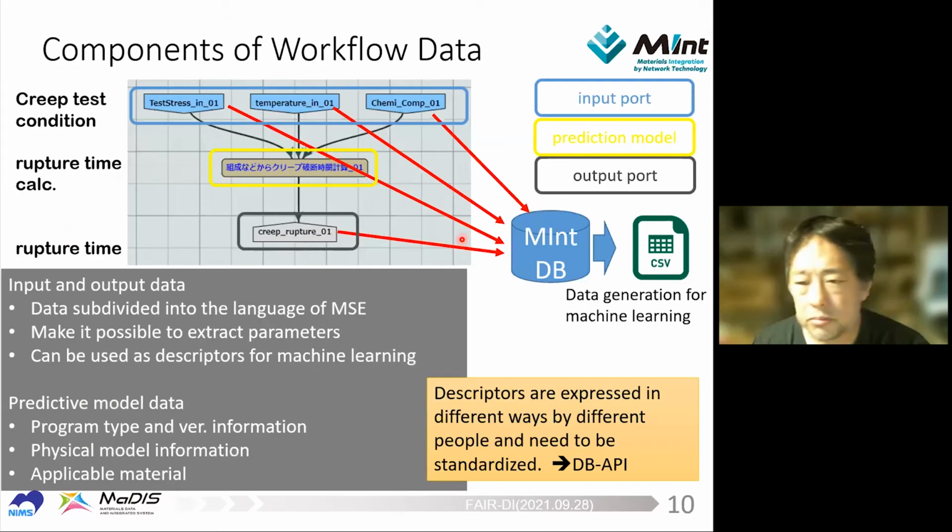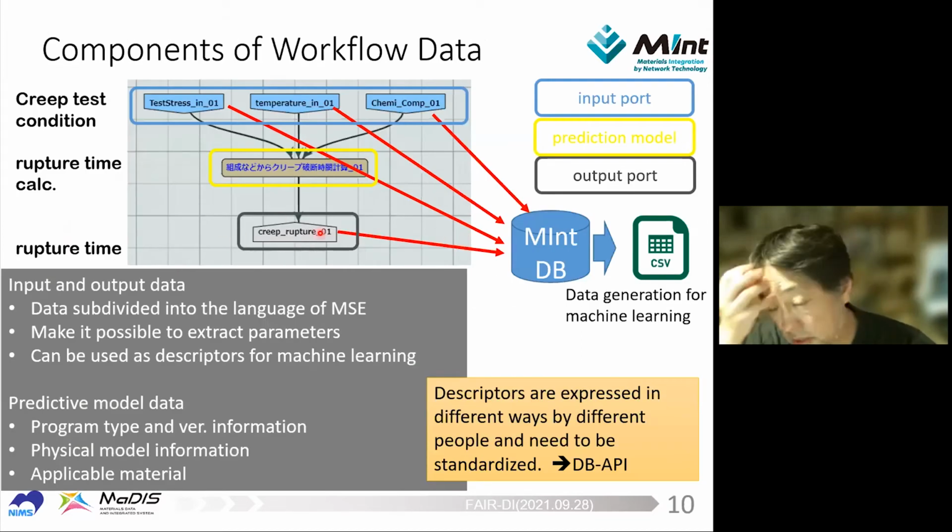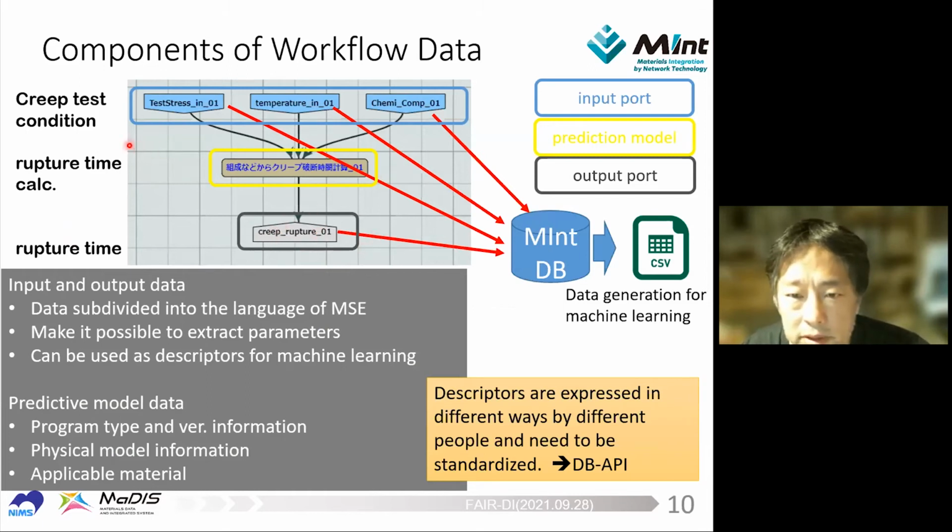And here is how the data is stored in the databases. Blue is the input port, yellow is the prediction model, and gray is the output port. Of course, the data input file, for example for the phase field model, is important.